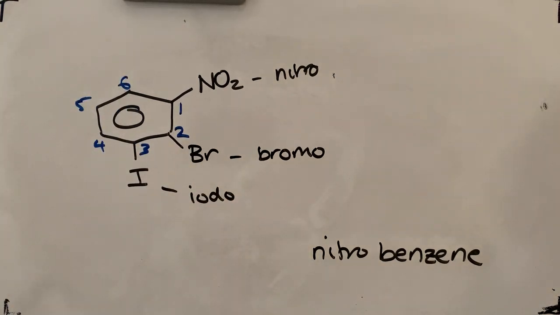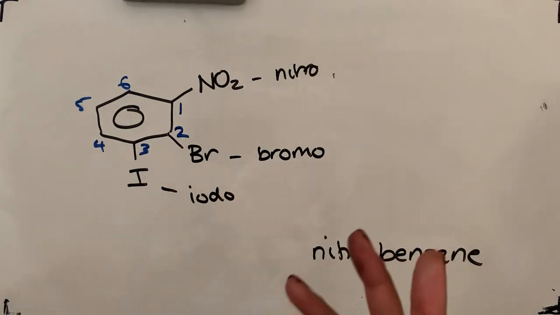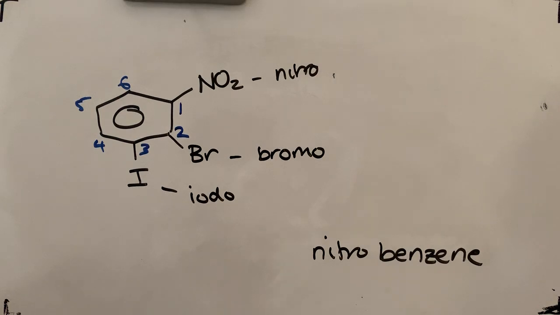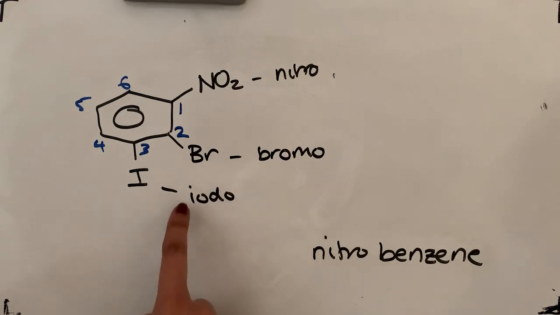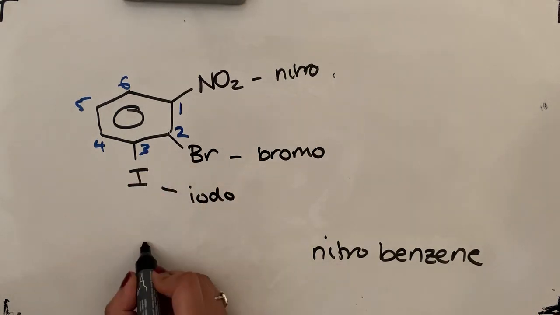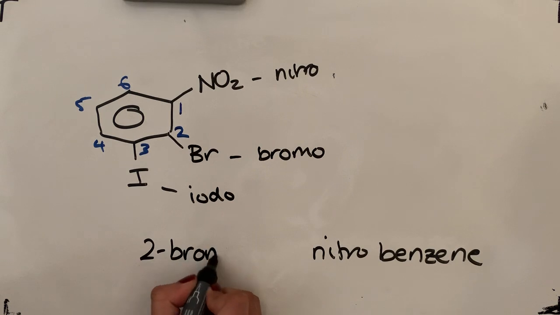And now we've got to put our bromo and our iodo in order. You again go alphabetically. So first in the alphabet, and therefore first in the name, should be your bromo. Doesn't matter about the number it's attached to. You don't go in the order of the numbers, you go in the order of the alphabetical names, and therefore bromo is first. So bromo is on carbon number 2, so it should start off with 2-bromo.